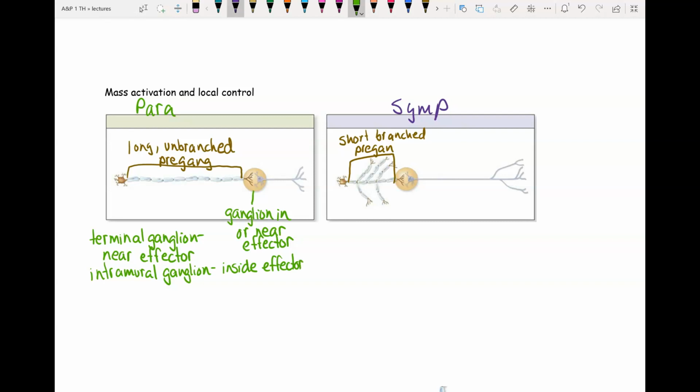For sympathetic, because the preganglionic axon is so short, your ganglion is going to be near the spine.